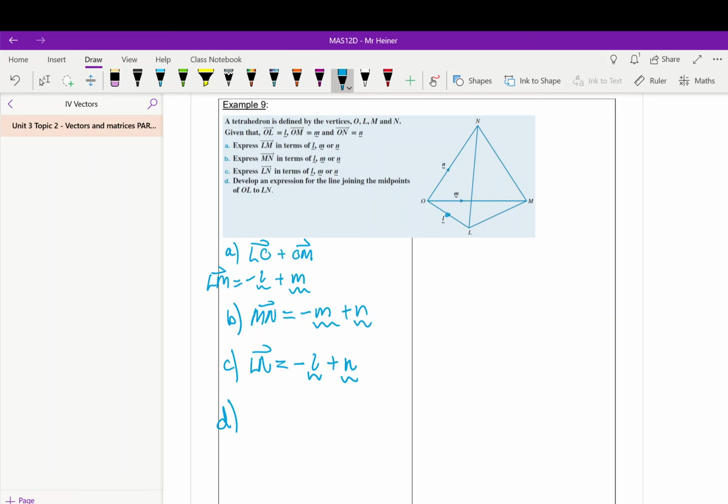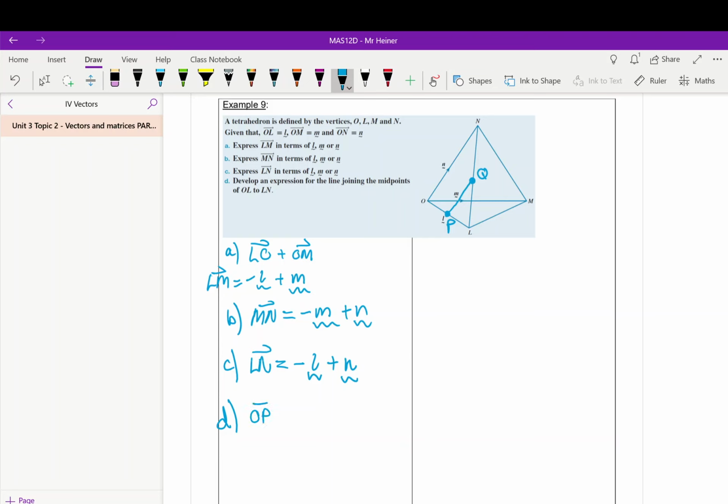So we've got a midpoint here, and we have a midpoint here, and we want to find an expression for the line joining these two. So let's define these two points. We're going to call P the point between O and L, and we're going to call Q the point between L and N. So OP is parallel to L, and it's half its magnitude.